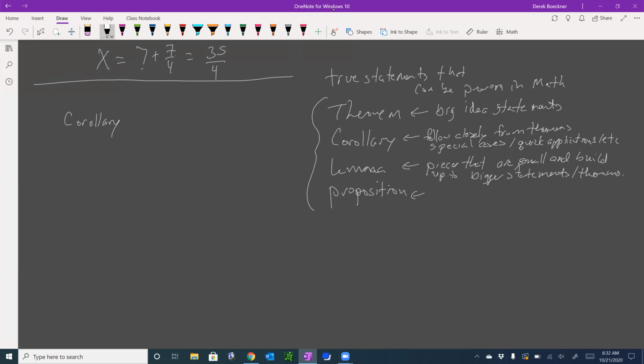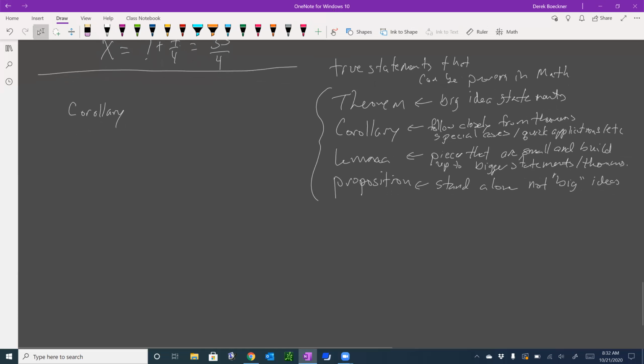They're not real big ideas, but they're not really used as building blocks. They can still be moderate ideas, small ideas. They could be a big idea, but typically if it's a big idea, you just call it a theorem instead of a proposition.